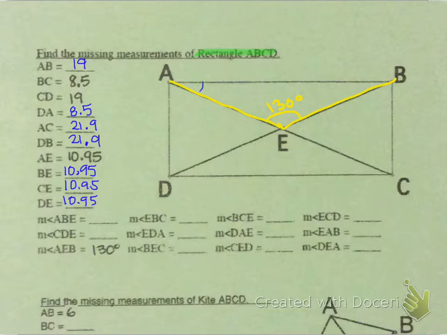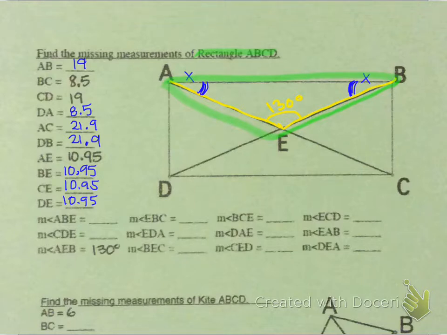Because this is an isosceles triangle, these two angles that I'm highlighting in blue are the same size. If they're both the same, let's call them both x. All three of the angles in this upper triangle that I'm highlighting in green add up to 180.